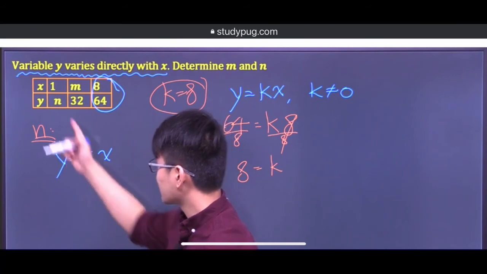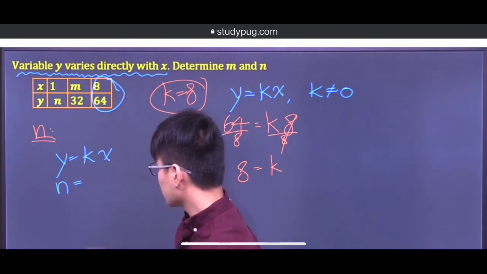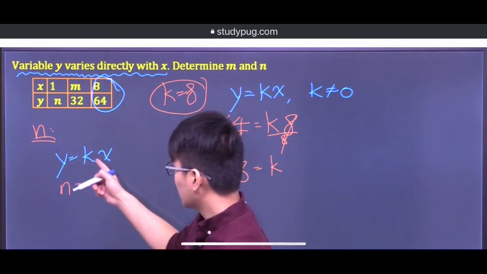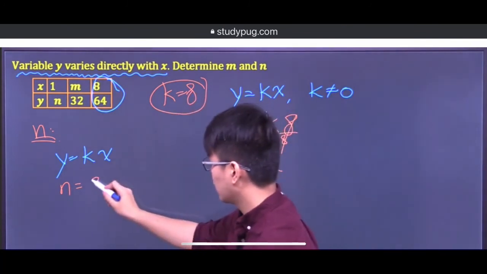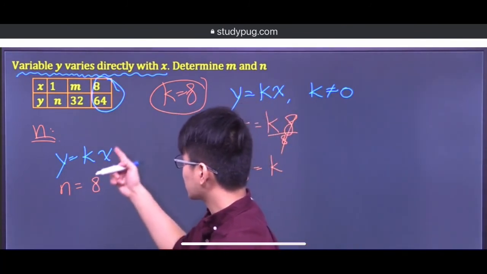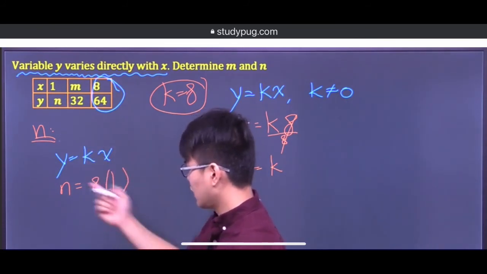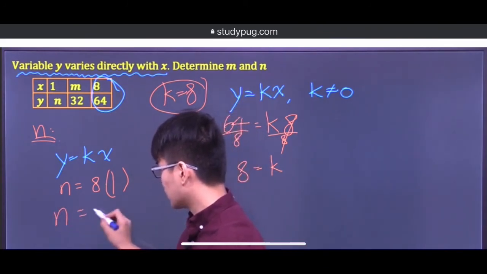Our y this time would be n, so n equals our k, which we found to be 8, times x. What is our x value? That's 1. So n equals 8 times 1, which is pretty straightforward: n equals 8.